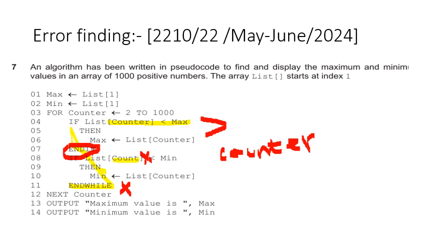Because here this is counter, and this should be greater than. Similarly, this should be end if, while they wrote end while. This is a mistake. So we identify 3 mistakes.